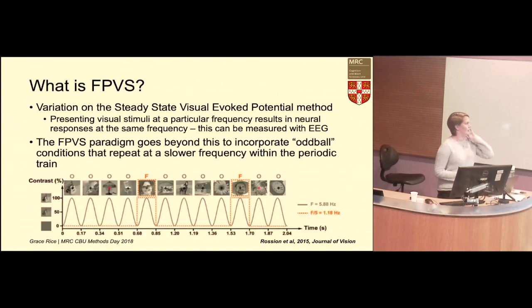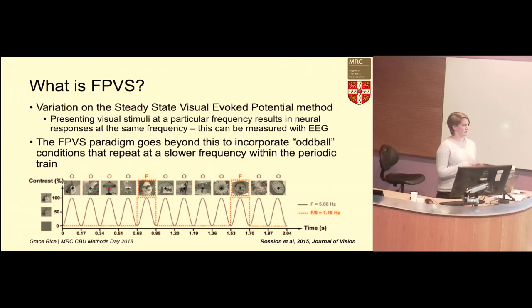Just to give you a picture of what this looks like, imagine that we have this train of images, and these images are appearing at a frequency of 6 Hertz. So each one is appearing for about 170 milliseconds. And within that train, you see 4 pictures of common objects, and then the 5th image is a picture of a face. And then you'll see another 4 objects, and then another face, and so on until the end.